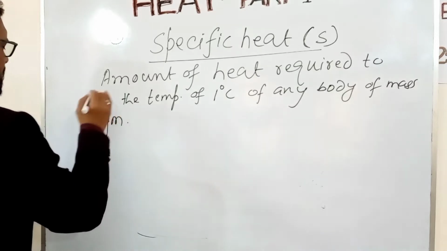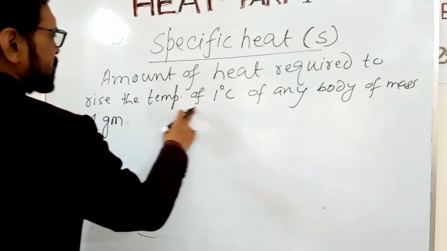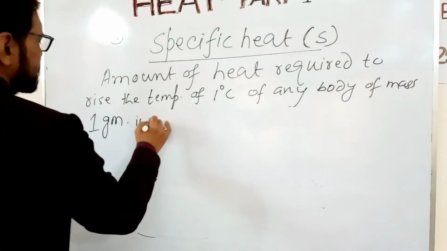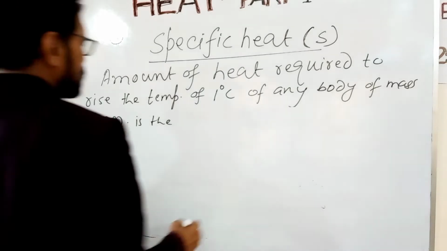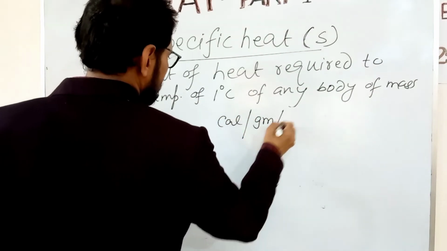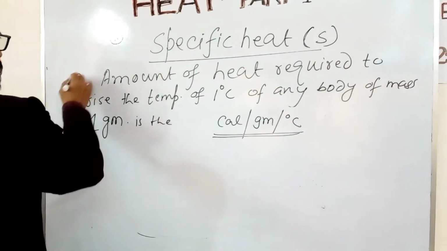This is the CGS unit. The amount of heat required to raise the temperature by 1 degree centigrade of any body of mass 1 gram is the specific heat. So the unit is calorie per gram per degree centigrade in the CGS system.